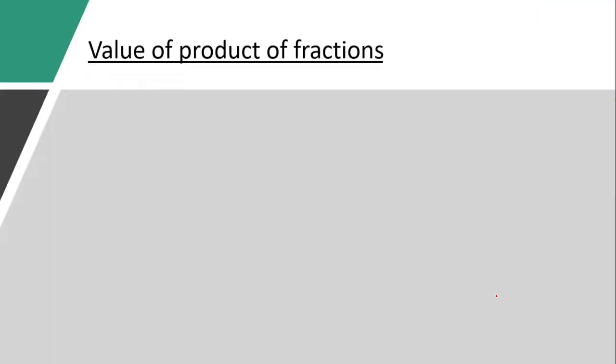What is the value of product of fractions? Generally, when we multiply two numbers, we get a result which is greater than the numbers. But in the case of fractions, it is not always like that.